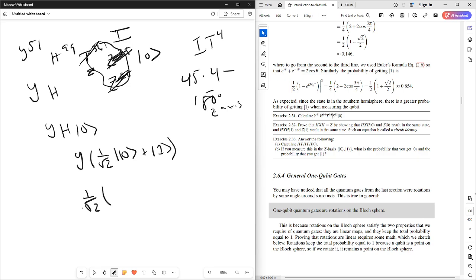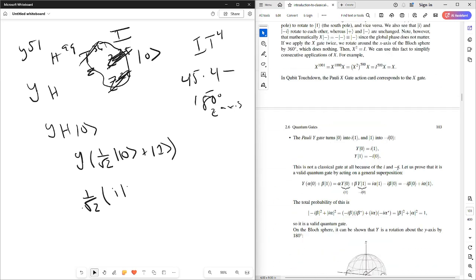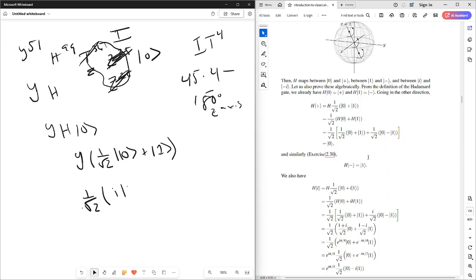So we wind up with one over square root of 2 of, yes, 0 becomes 1 and the amplitude is multiplied by i.